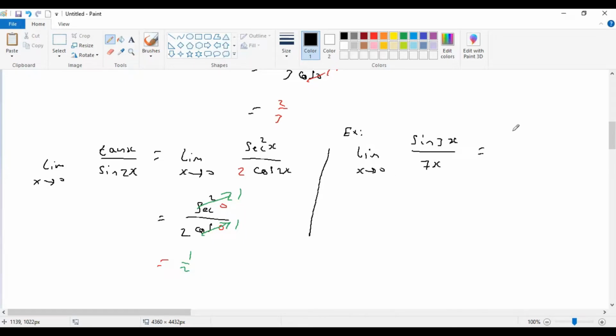So the derivative will be cosine 3x times 3 over the derivative of 7x, which is 7. So now the limit as x approaches 0 is equal to cosine 0, which is 1, so the answer is 3 over 7. Another example. Let's put it down.